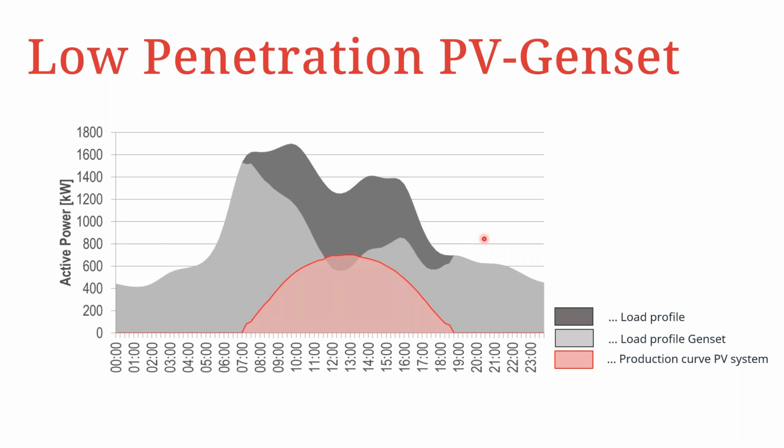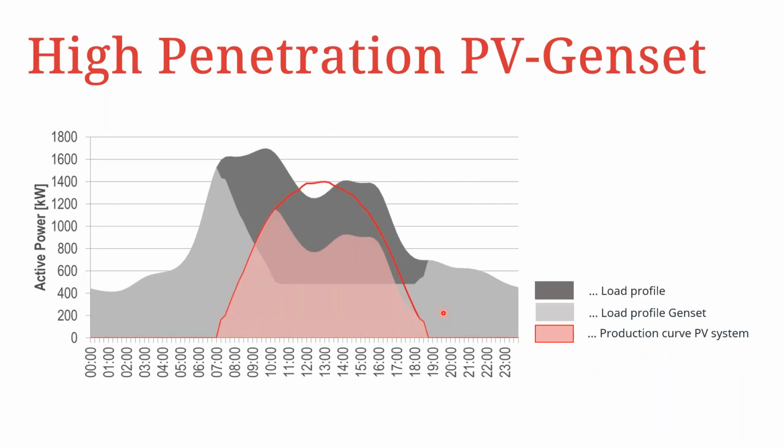But the effect of this is that you're going to have a long ROI period. The return on investment for such implementation is usually very long. So it is usually advised that in order to have a quick or short amortization period, high penetration mode is recommended. But then, once adequately calculated, there are some cases or periods where you're going to have an overshoot of PV in the system.